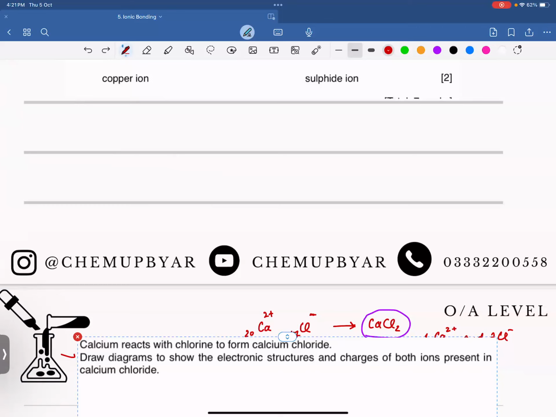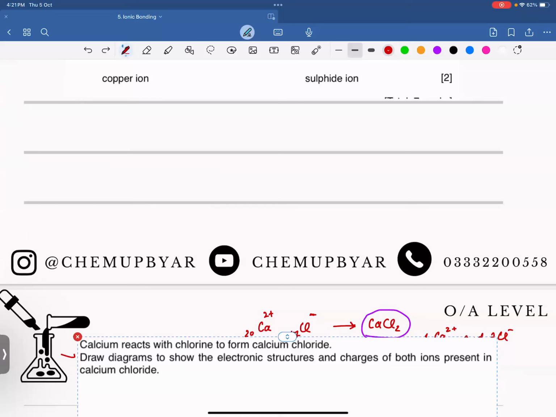When we put the electrons, with the same process, we always do one with the cross and the other with the dot. There is the electron structure for the calcium atom. Very well. Yeah, the rest is fine.